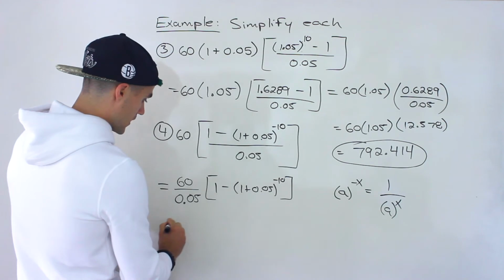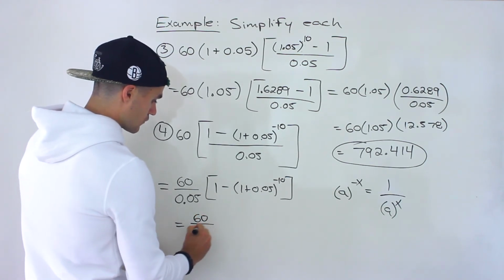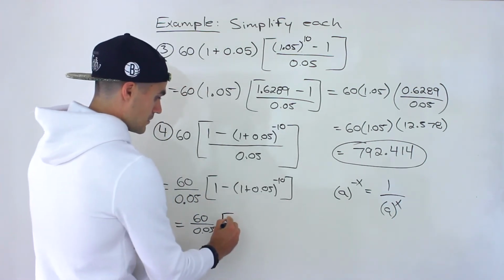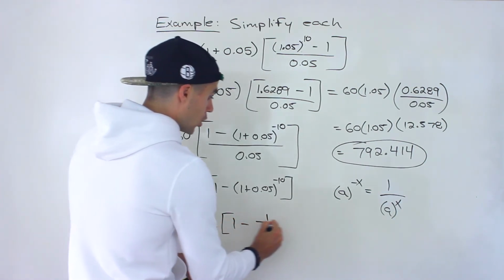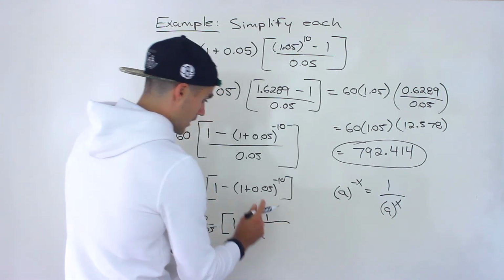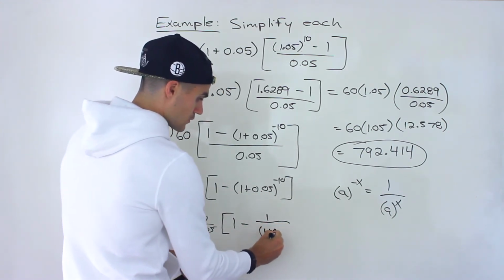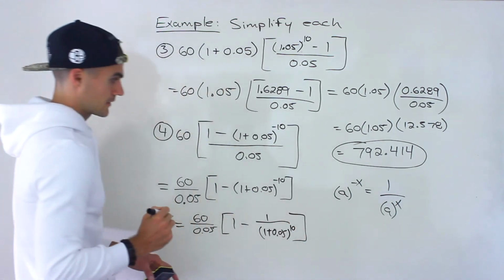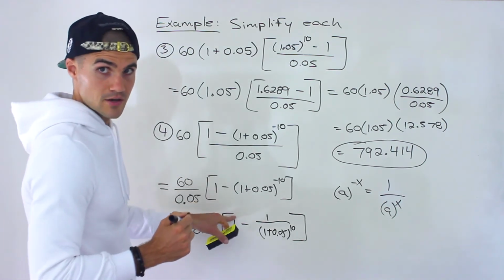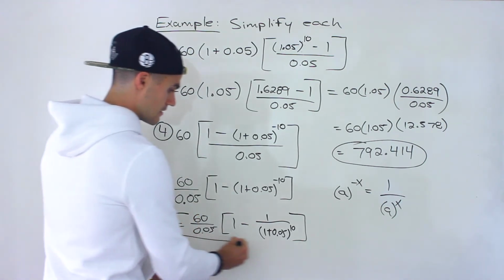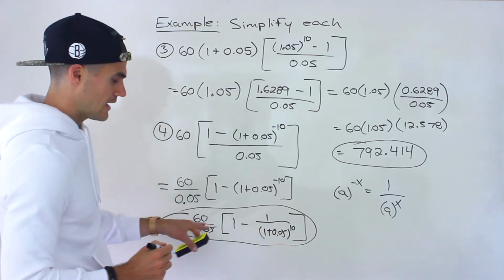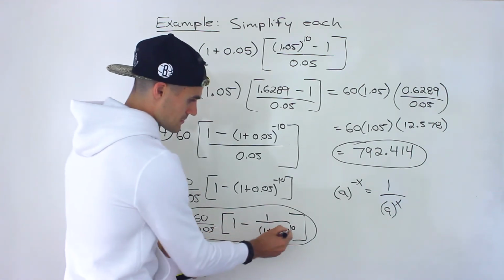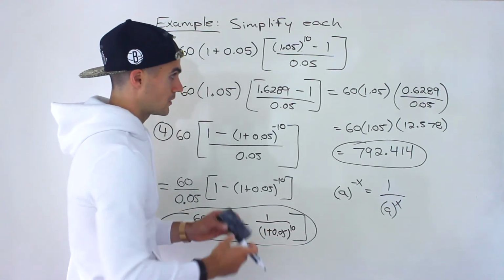So another way to write this would be 60 over 0.05, and then this would end up being 1 minus 1 over 1 plus 0.05 to the power of 10, close bracket. So all three of these are the exact same thing. In fact, this personally is my favorite format, right? Because I don't know, it just makes things simple when we have just a positive exponent to work with.